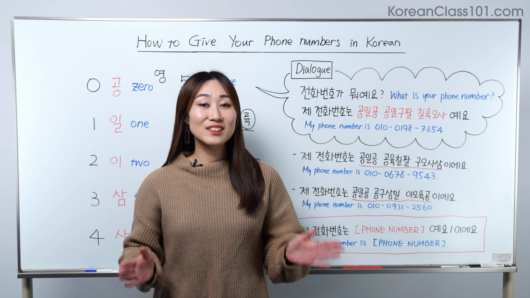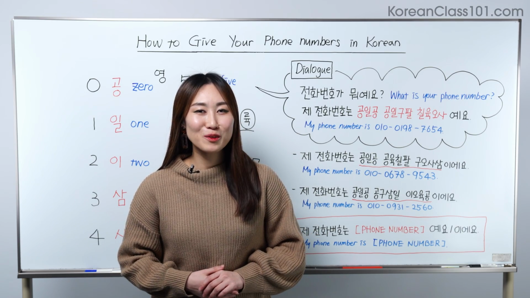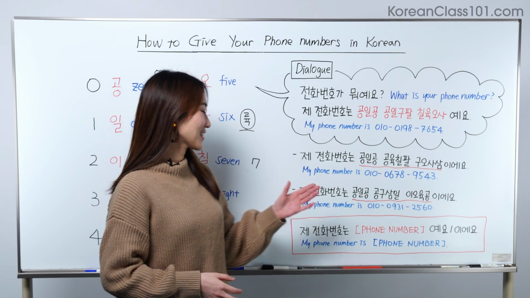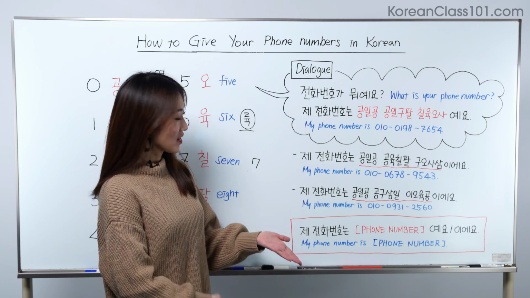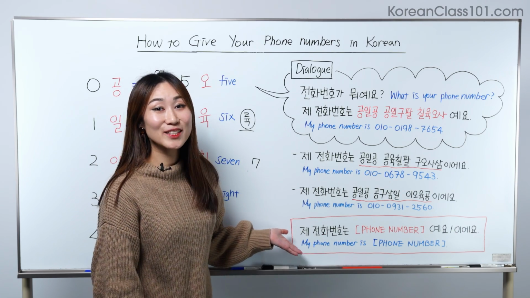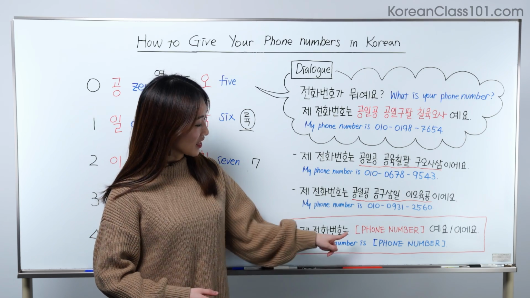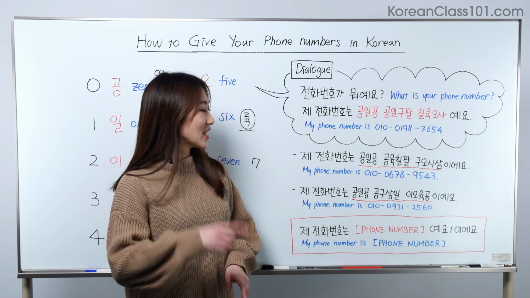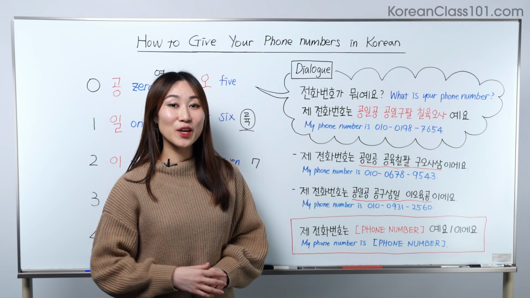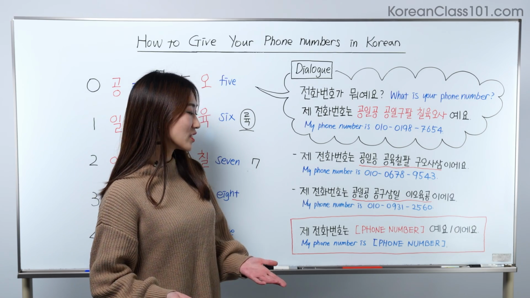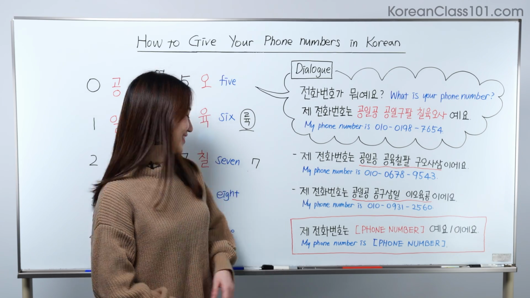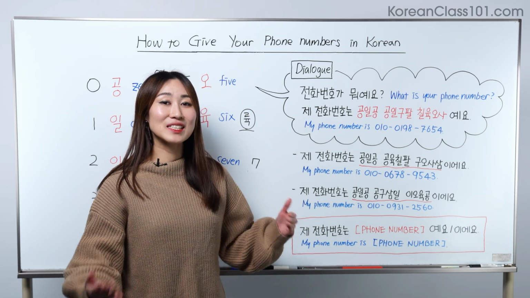In the dialogue and examples, you've probably noticed a pattern here. Yes, I kept using the same pattern here. 제 전화번호는 and say phone number and 예요 or 이에요, which means my phone number is phone number. 제, again, it means my, right?